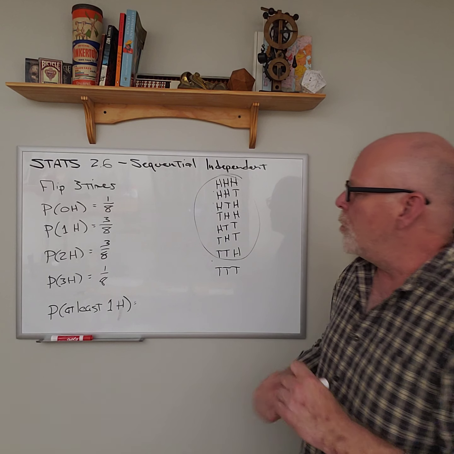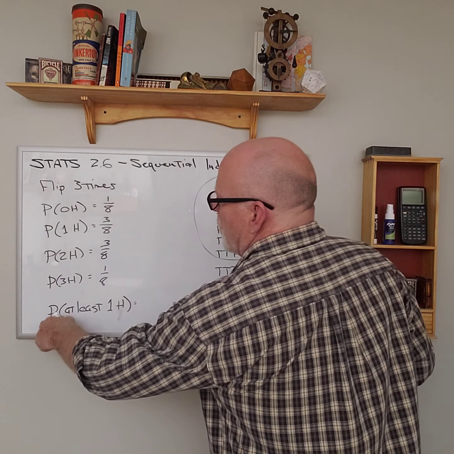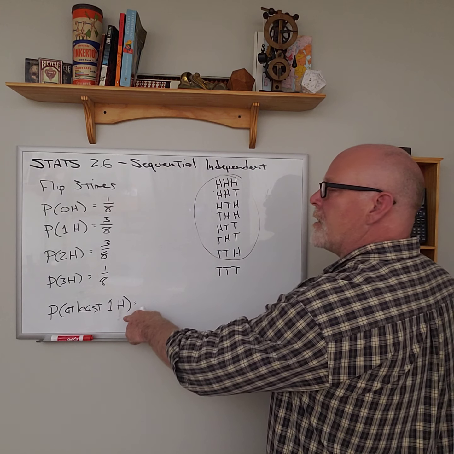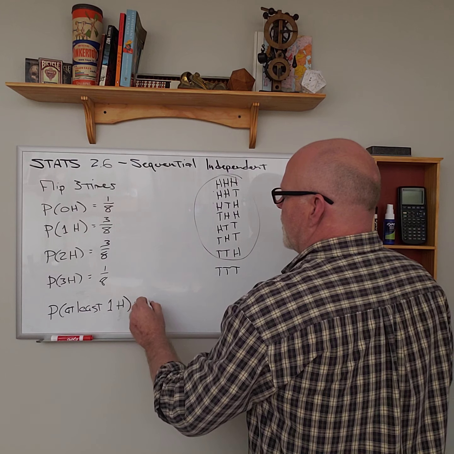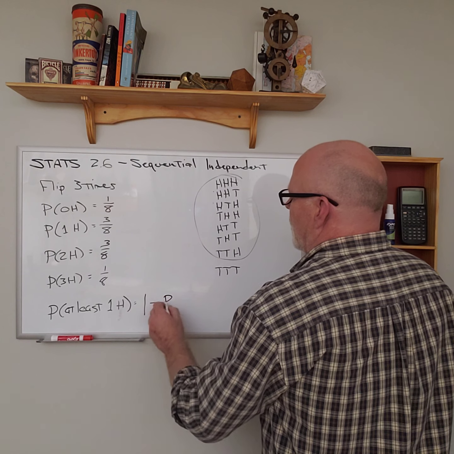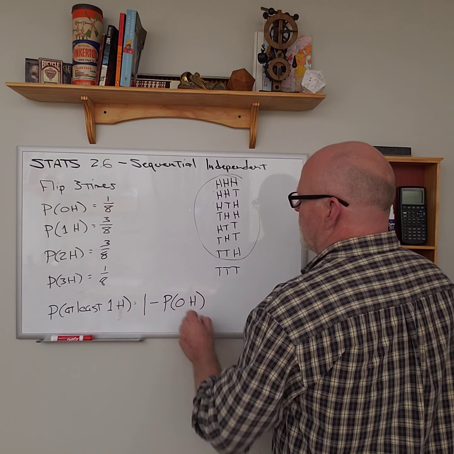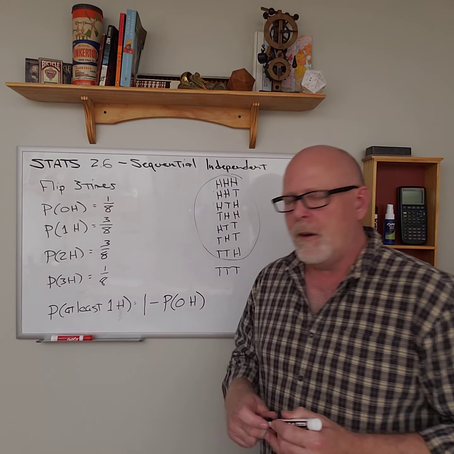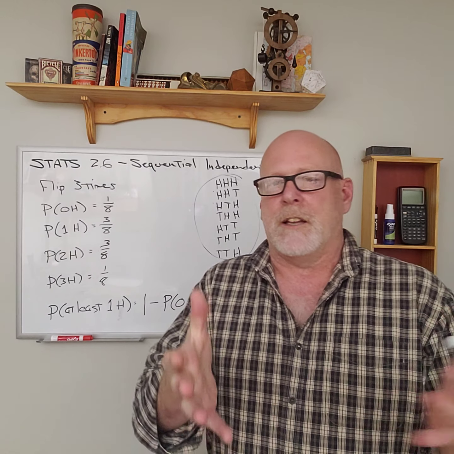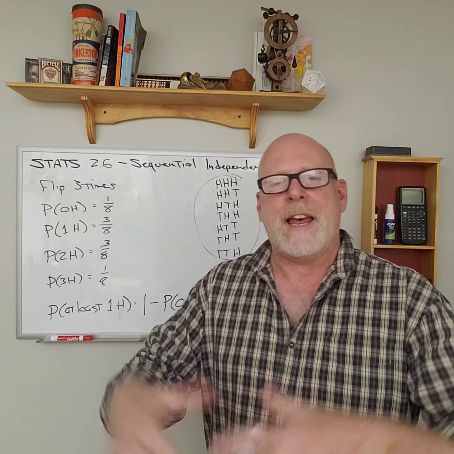So I want to suggest a different strategy. If you want to know the probability that you get at least 1 success, start with 1 and subtract the probability that there will be 0 successes. The probability that you get at least 1 and the probability of getting none add up to all of them.